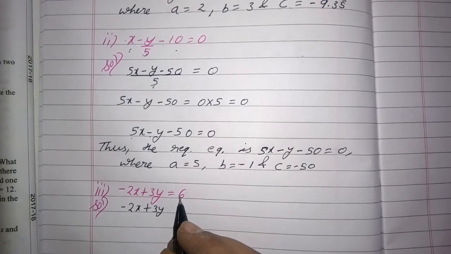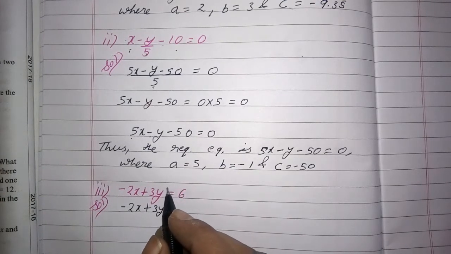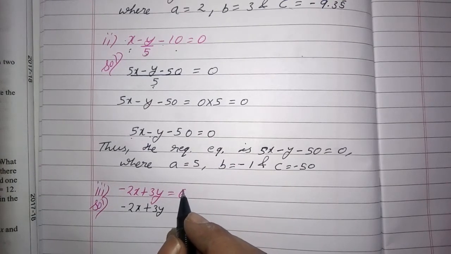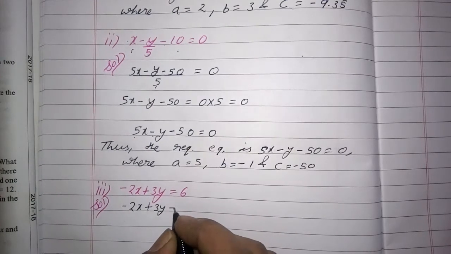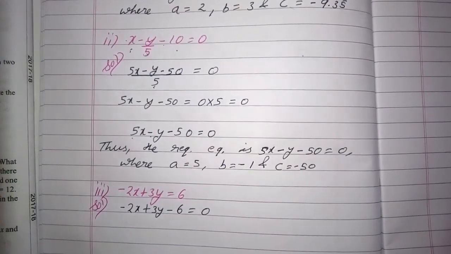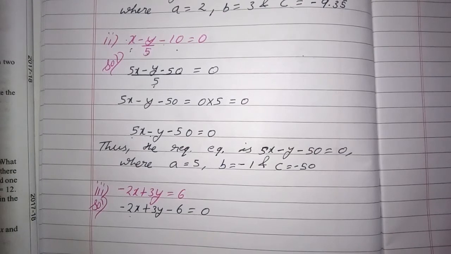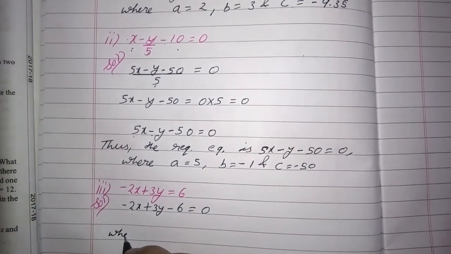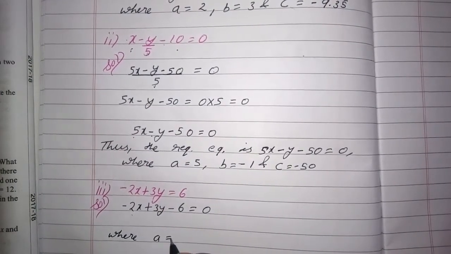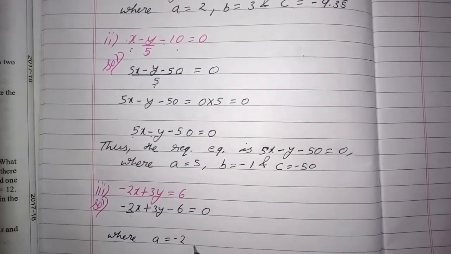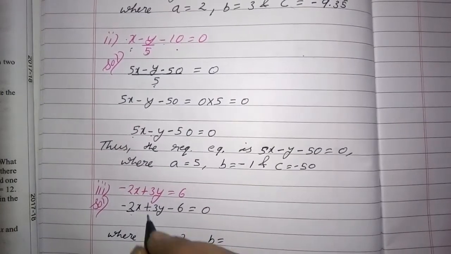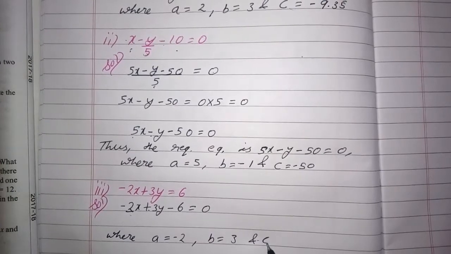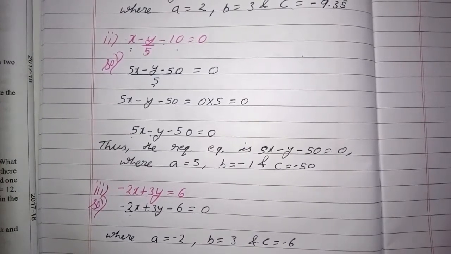So plus 6 is positive here, so when we transfer 6 from right hand side to the left hand side, it becomes negative, so minus 6 equal 0. So our required equation is minus 2x plus 3y minus 6 equals 0. You have to write like this, where a equal minus 2, b equal 3 and c equal minus 6. That's it.